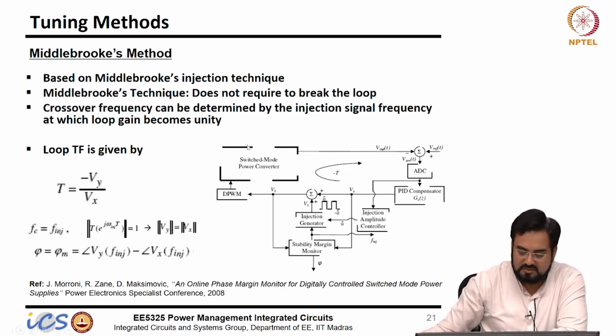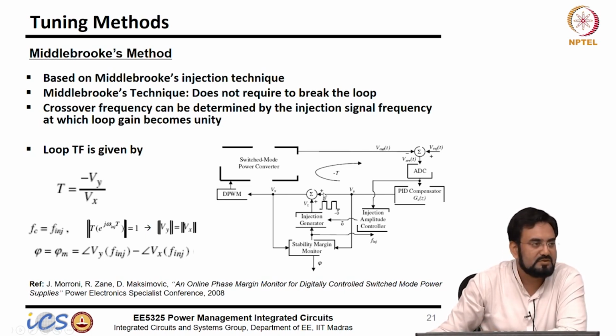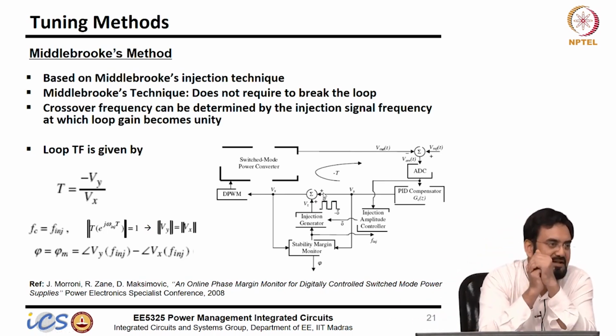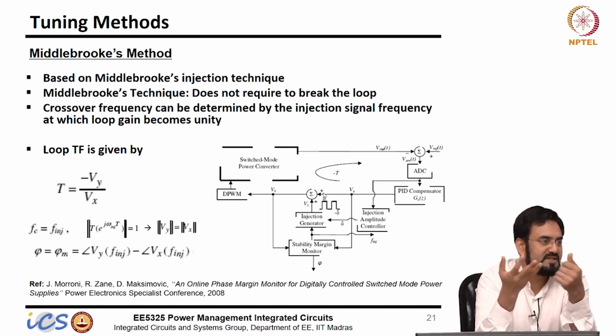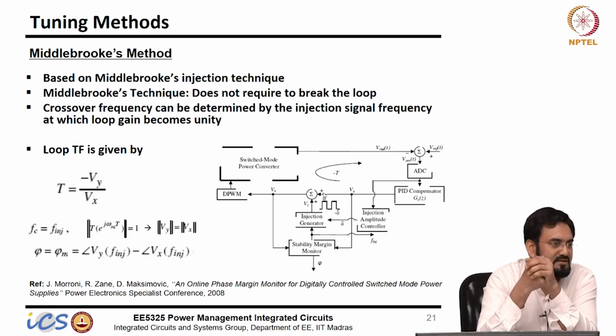So it injects a signal and you tune the frequency; at the frequency where it becomes unity gain, you look at the phase delay between the two, and you can get both the phase margin and your UGB.